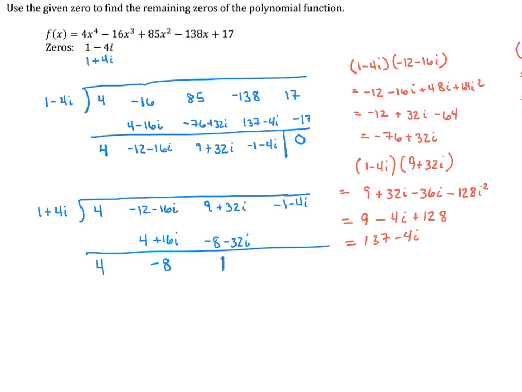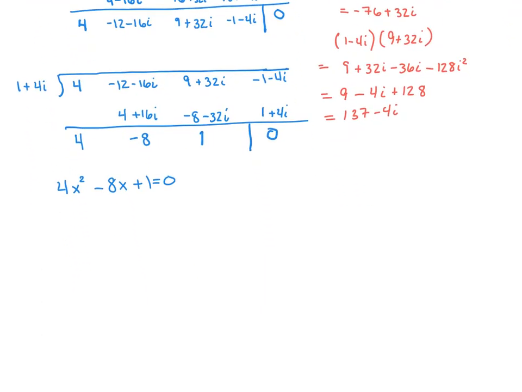That gives us 1. 1 plus 4i times 1 is 1 plus 4i, which gives us a remainder of 0, like we had suspected. So now we have our quadratic equation. So 4x squared minus 8x plus 1 equals 0. Let's solve that.